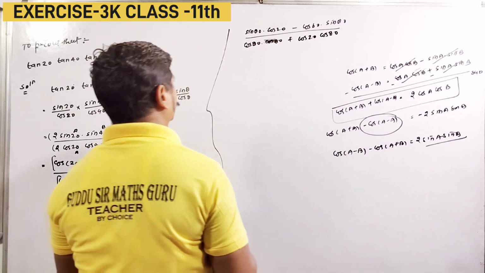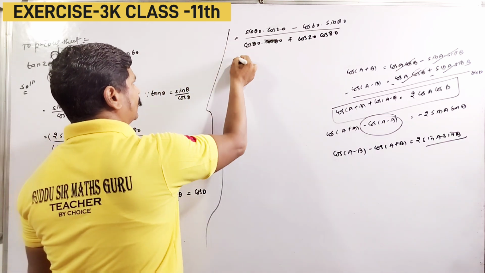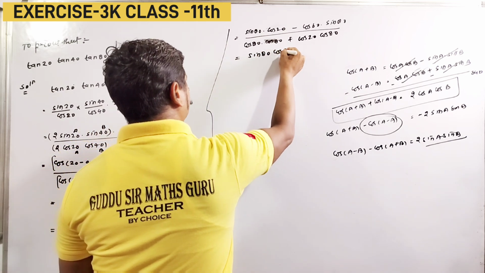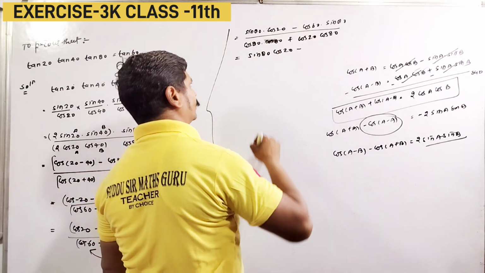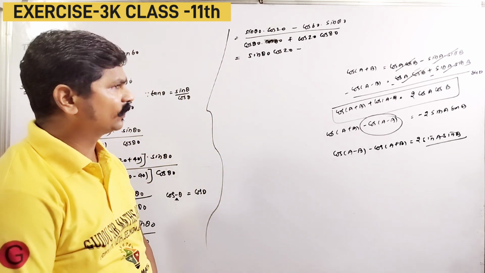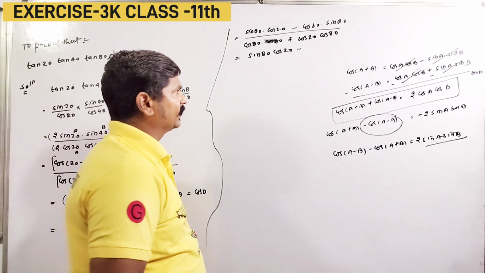One thing is very important here. You will write sin 80, cos 20. And we know the value of cos 60. In place of cos 60 you can put its value, which is equal to 1 upon 2.